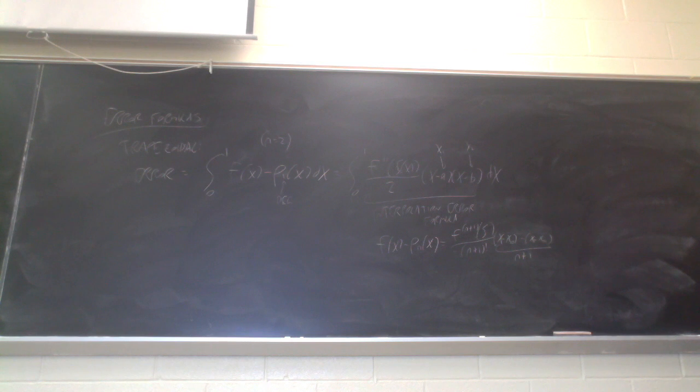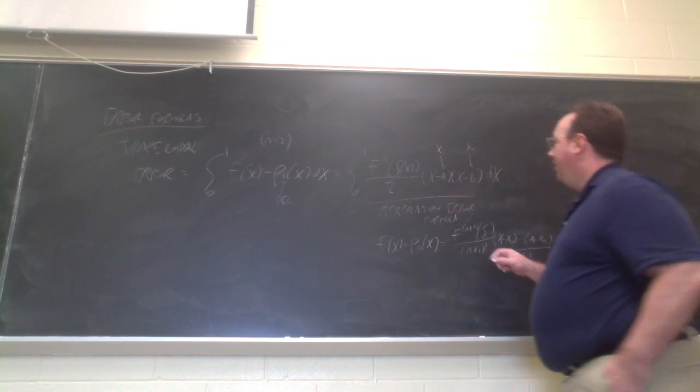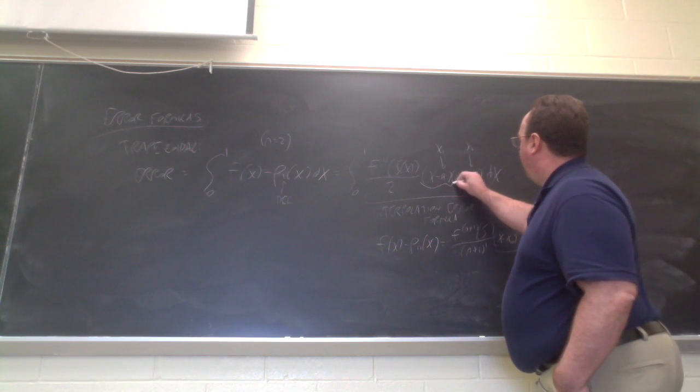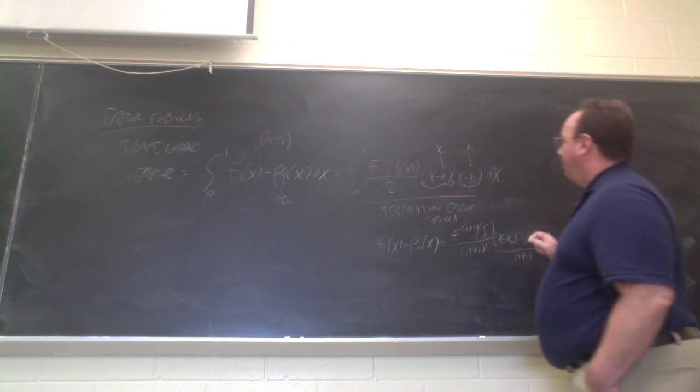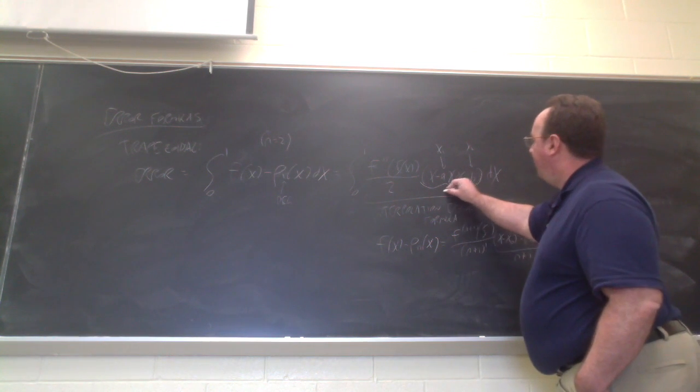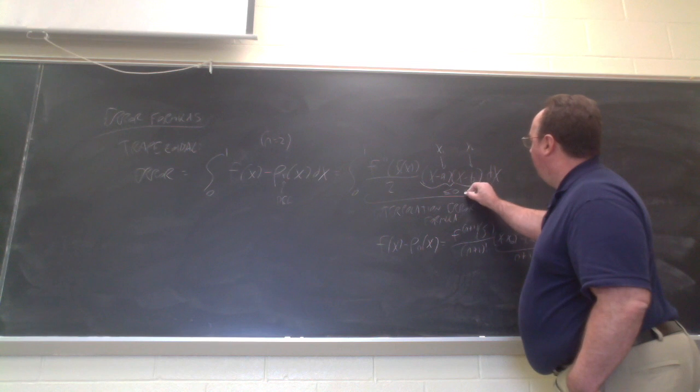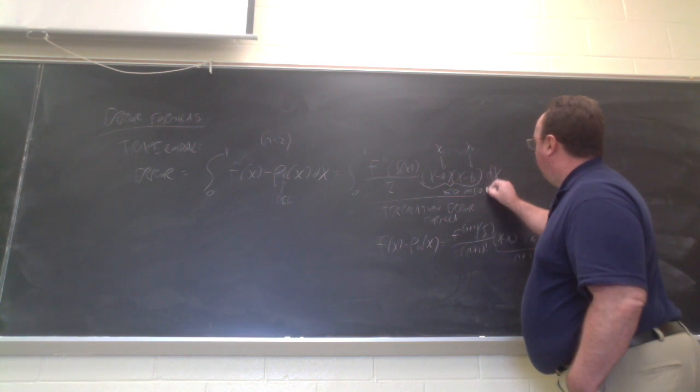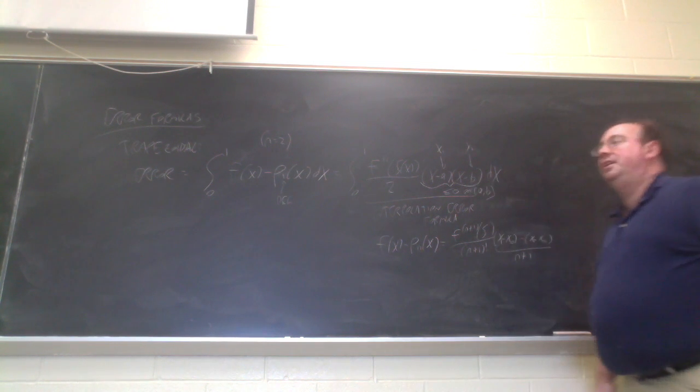Now, the nice thing is, this quantity here, x minus a times x minus b, is always less than or equal to 0 on the interval [a, b].